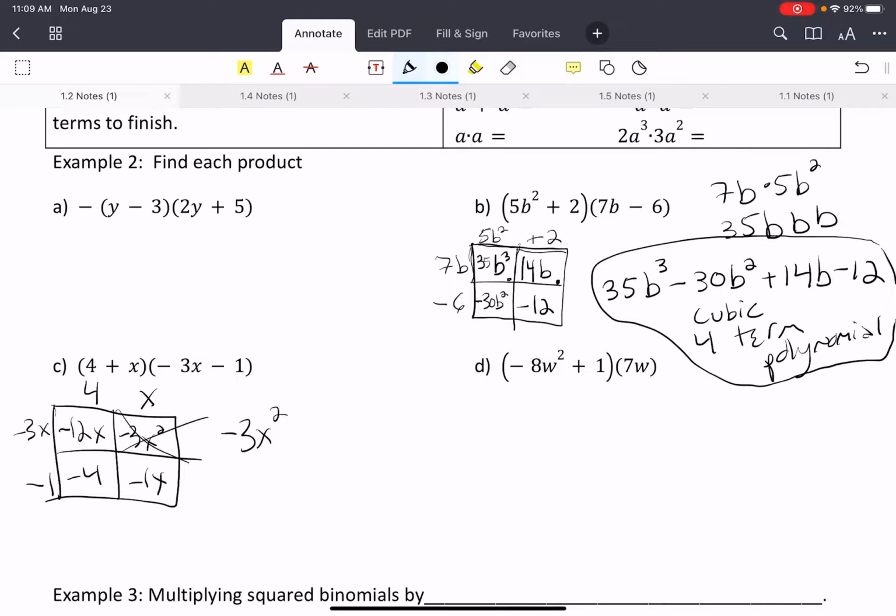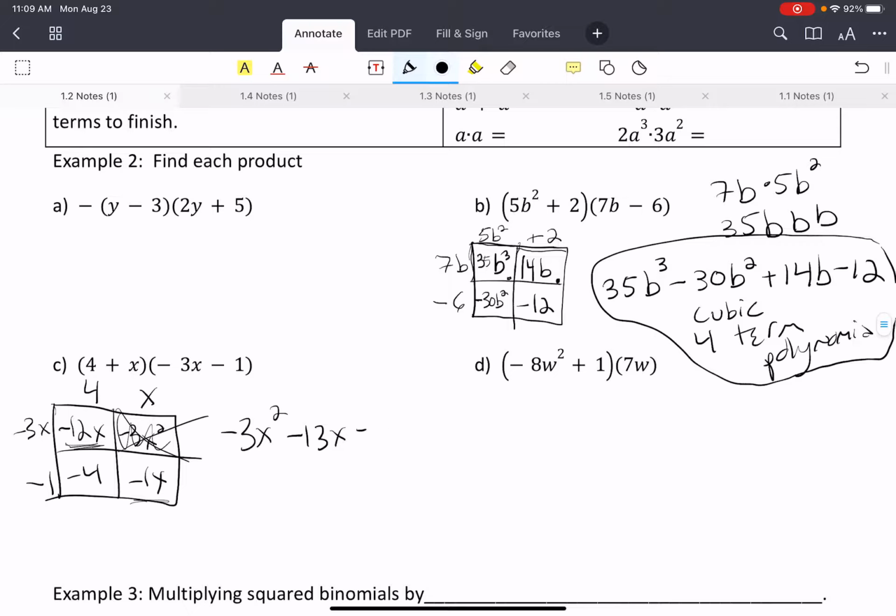And then make sure you're checking like terms. If I'm looking at these boxes, do you see how there's 2 x boxes? So negative 12 minus 1, it's going to go more negative. Minus 13x and then minus 4. Quadratic trinomial.